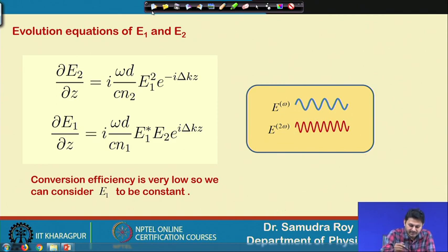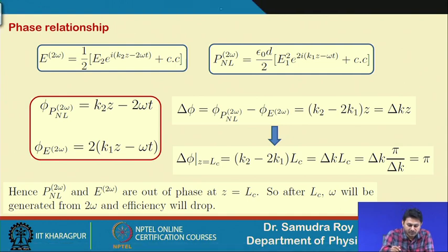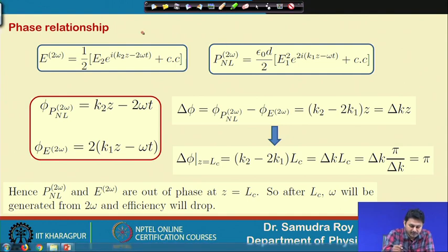So, now the next thing is to understand what is the phase relationship between E 2 which is generated and the corresponding source term that is constantly feeding the energy to E 2. That means P nonlinear is a nonlinear polarization term that is vibrating with the frequency 2 omega, and because of that we are getting the field with frequency 2 omega.